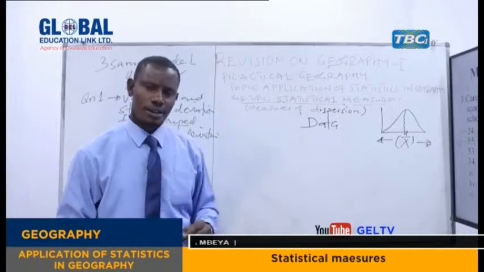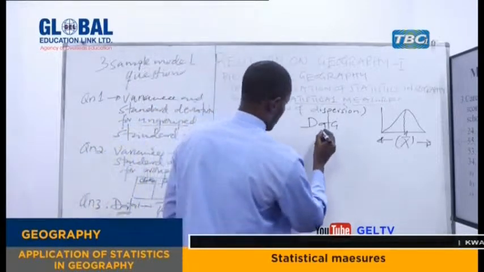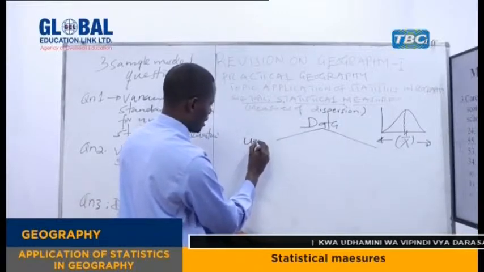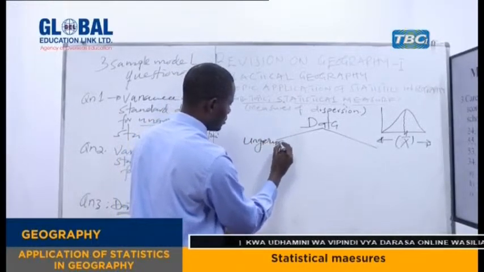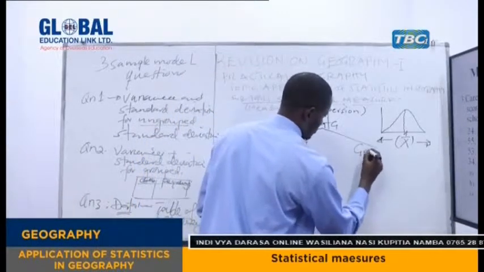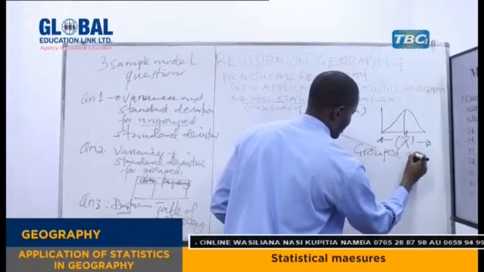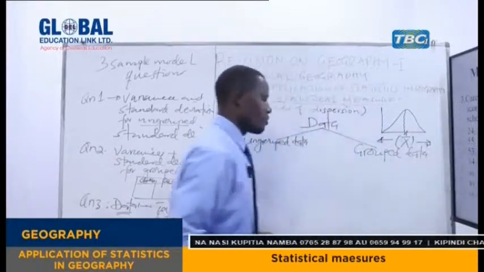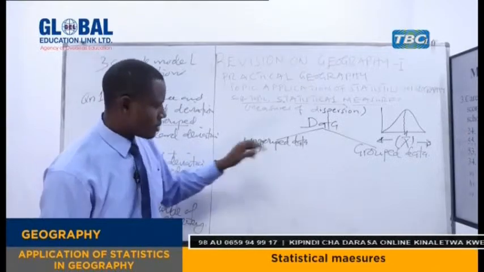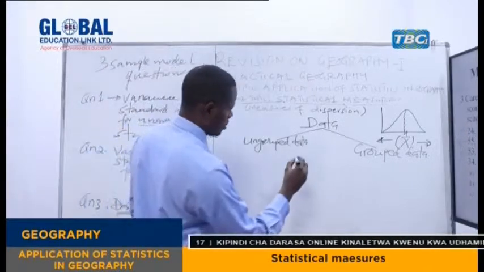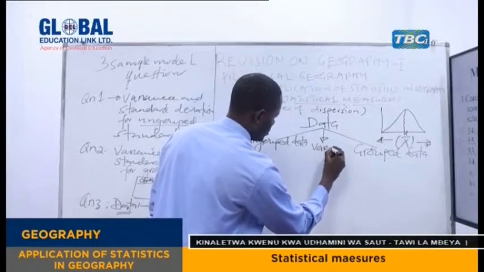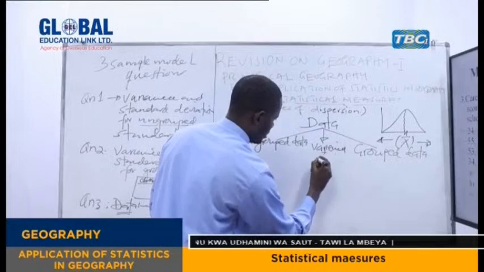So for the data, remember we have ungrouped data, but again, we have grouped data. As we have seen for question number 1, which we'll be solving soon, for ungrouped data, we are being asked to find the variance and standard deviation.